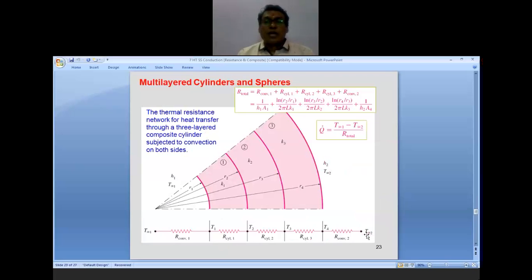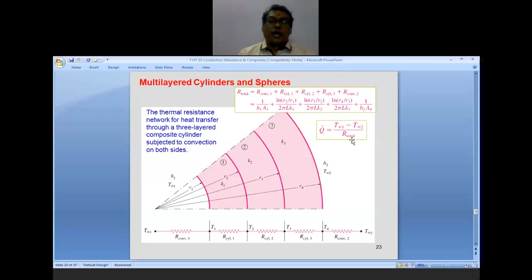Now in case of multiple cylinders, we are considering 3 layers 1, 2 and 3, having thermal conductivities K1, K2, K3, and radii R1, R2, R3 and R4. H1 is the inside heat transfer coefficient, H2 is the outside heat transfer coefficient, with T infinity 1 and T infinity 2. So the temperature difference between T infinity 1 and T infinity 2 will use your total resistance.